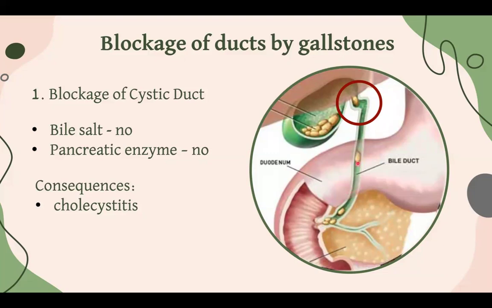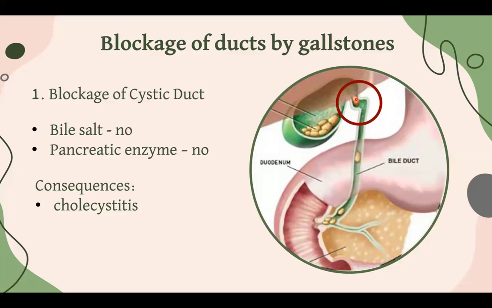No, because we still have the hepatic duct that would release its bile into the common bile duct. That will eventually get secreted. Now, would this blockage of the cystic duct affect the release of pancreatic enzymes? No, it won't.